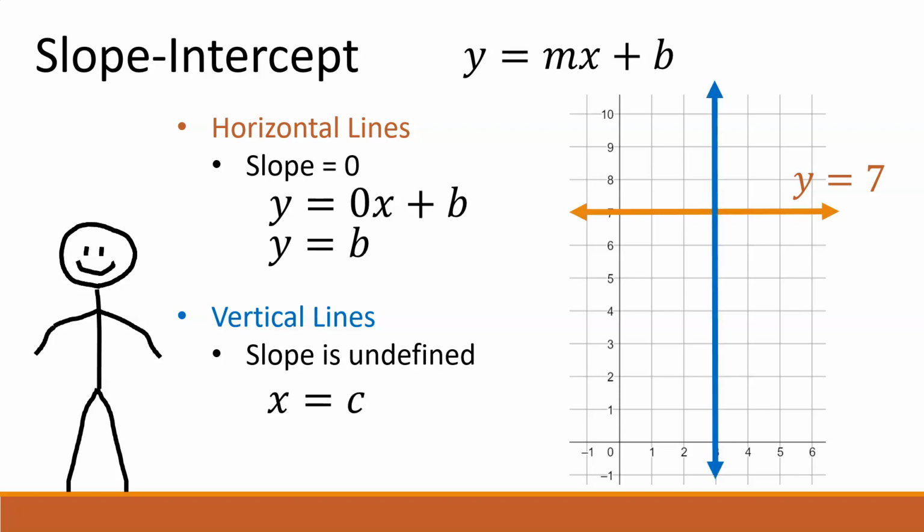Here's a vertical line. It goes through 3 on the x-axis, and its equation is x equals 3. Every point on that line has the same x-coordinate, which is the number 3. So now you know something about the equations of horizontal and vertical lines as well.